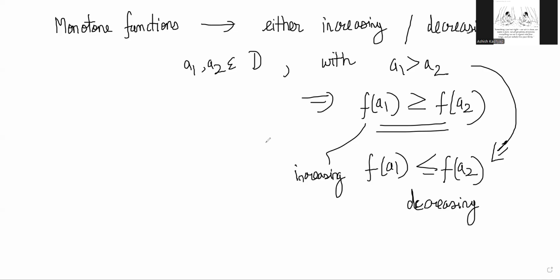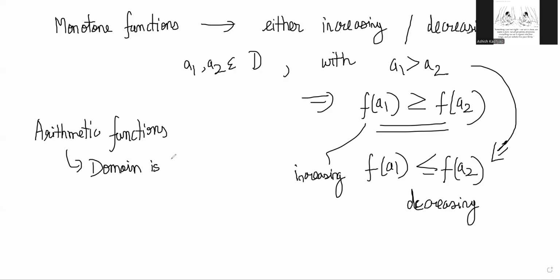So that is your basic monotone functions. Now, what are arithmetic functions? Arithmetic functions are those which have domain of natural numbers. Their domain is the set of natural numbers. So these are just definitions that you should know. Another important definition is what is an involution? Involution.